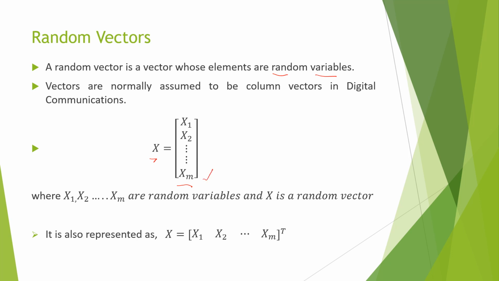Here x1, x2 up to xm are random variables. Now this also can be written as [x1, x2, ..., xm] transpose. A column vector can always be written as the transpose of a row vector. This is convenient to write and saves space.